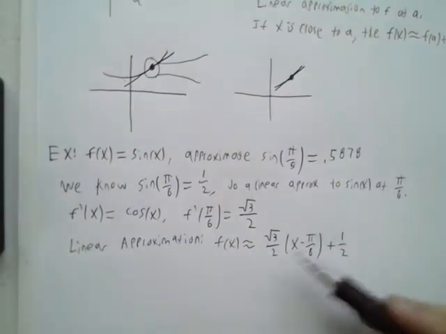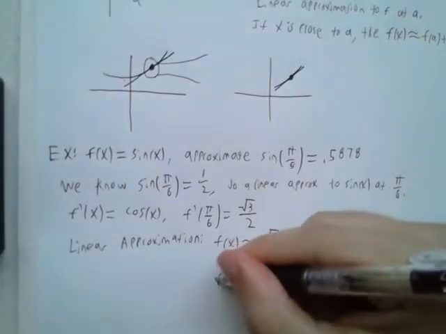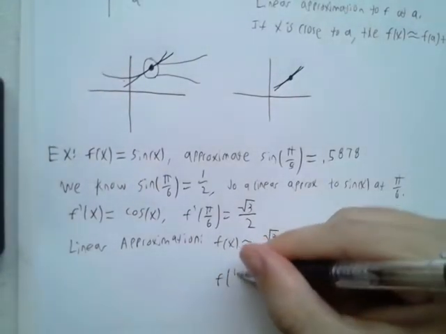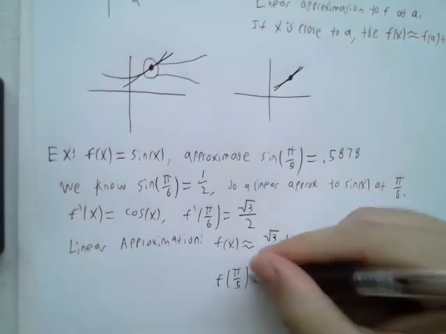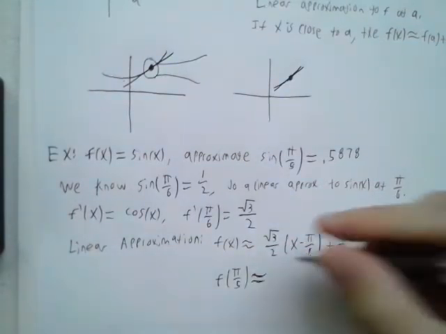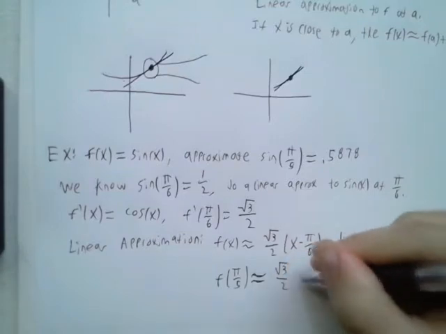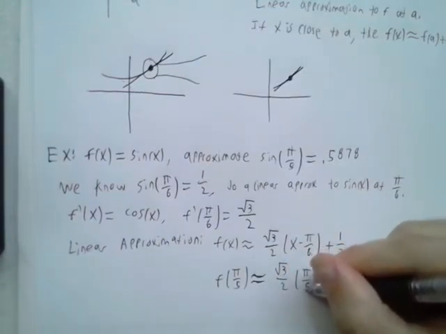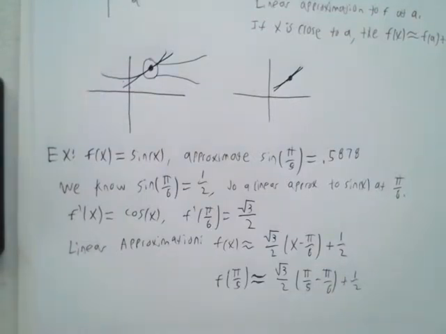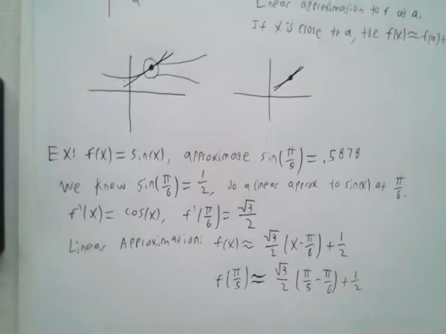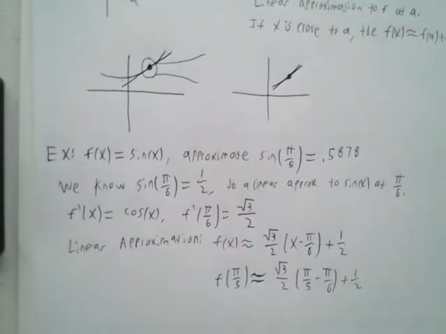Now, if we want to estimate sine of pi divided by 5, we could plug that into this equation. So let's see, if we do that, then what do we get? I'm checking on my calculator now.